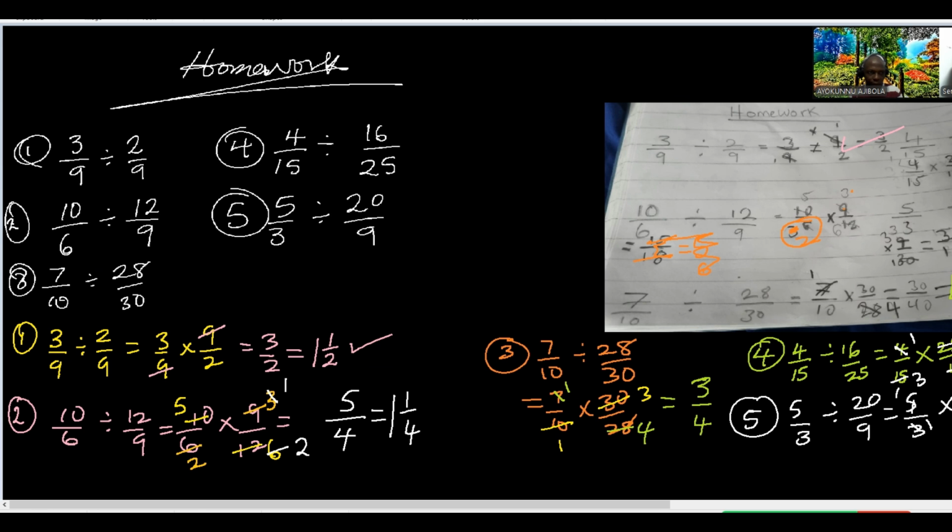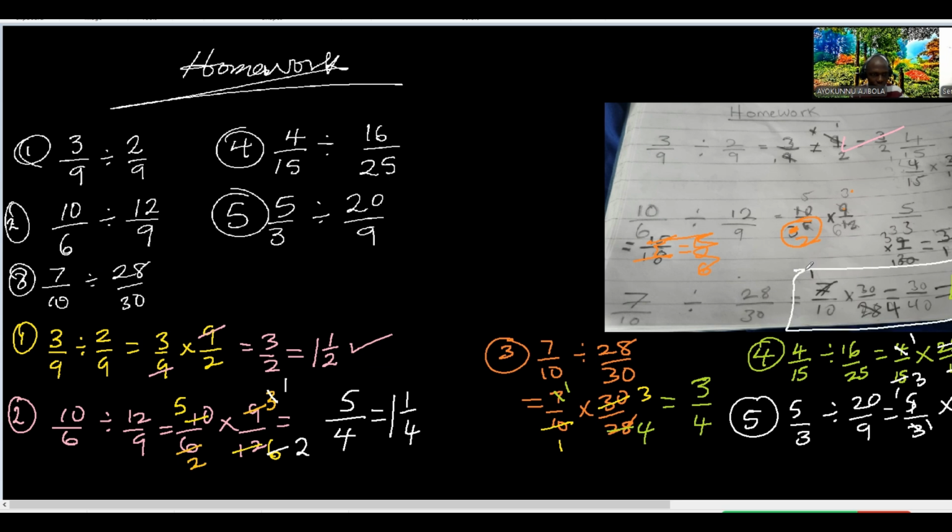Is that clear? Yeah. So your number 5, did you get 3 over 4? Where is the answer to number 5? Is at the bottom at the end. I already marked that for, this is number 4, or what? Yeah, this is number 4.